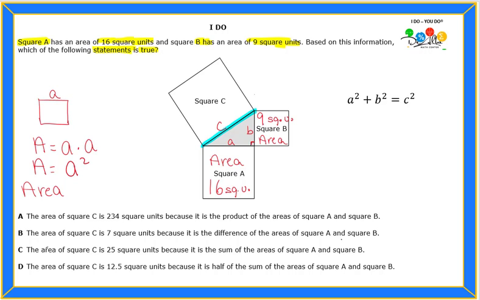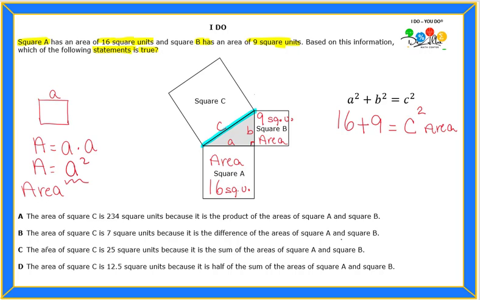So this means that the area of square A, that would be A squared, right there. Is that right? And that is equal to how much? 16 square units. What about B? That is 9 square units, right? And this will be what? C squared. Now remember, what is C squared? Well, C squared is basically the area of square C, okay?